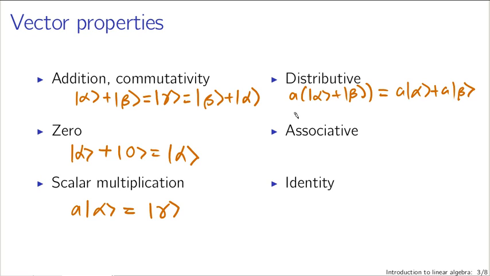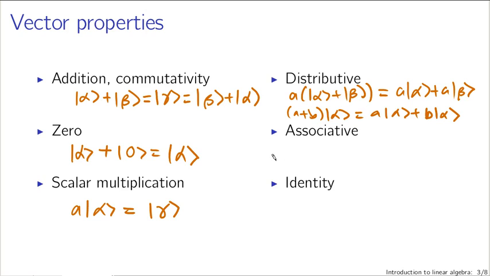Or alternatively, I can look at A plus B times some vector alpha as A times the vector alpha plus B times the vector alpha. So scalar multiplication distributes across addition of vectors and across addition of scalars.